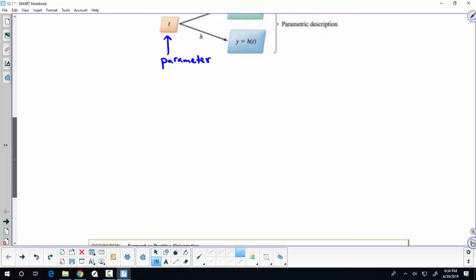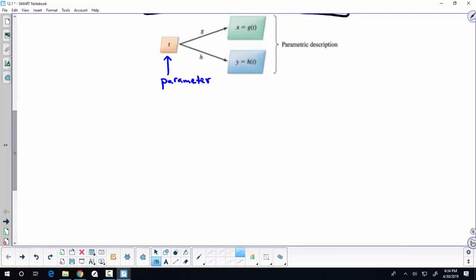Okay, so we're essentially describing the point (x, y) as a function of t. So x would be given to us by g of t, and y would be given by some other function of t.